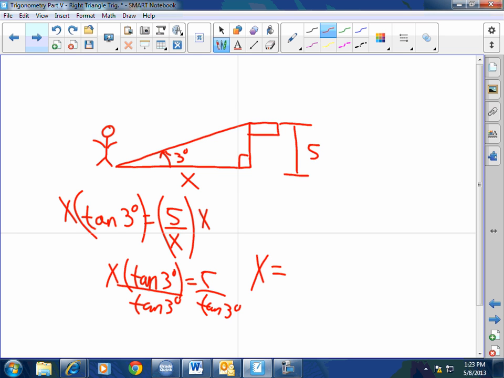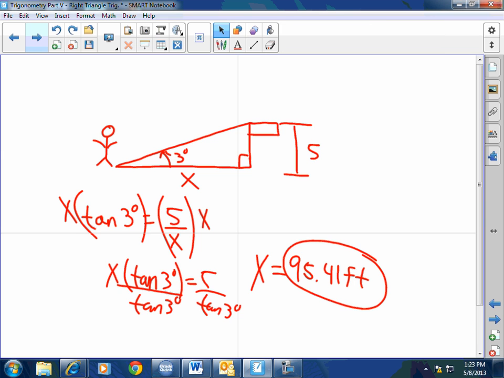X equals 5 divided by the tangent of 3 degrees. 95.41 feet away. That's exactly correct. That makes sense, my brothers.